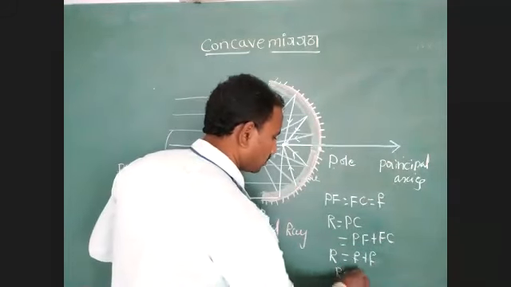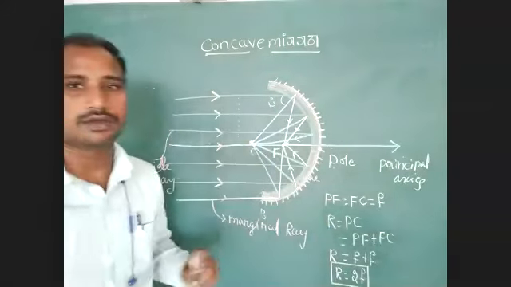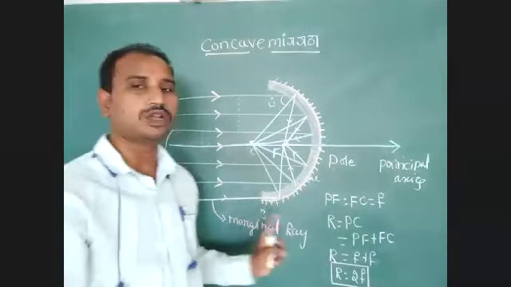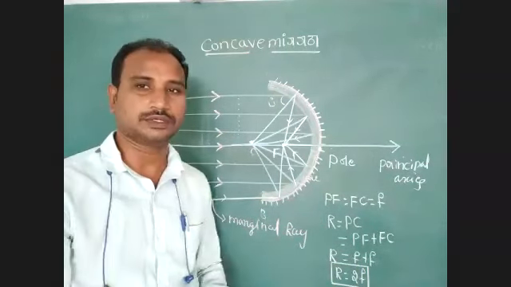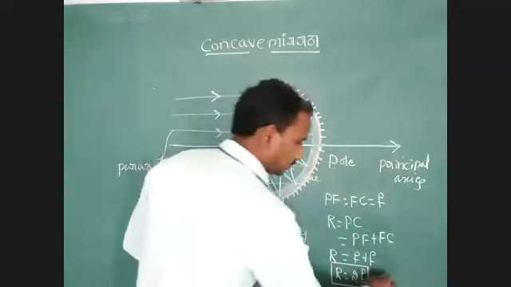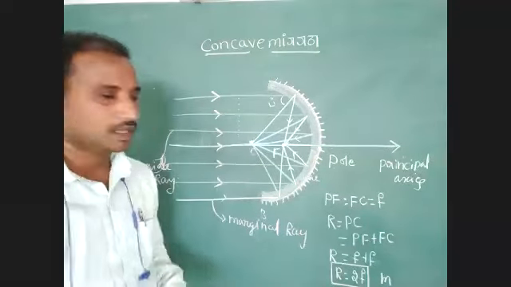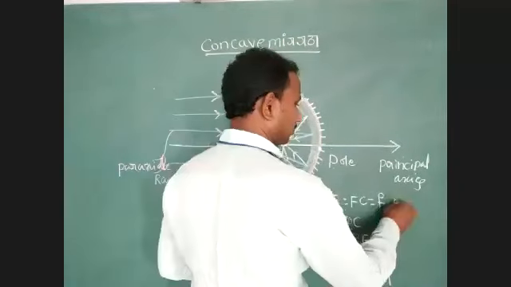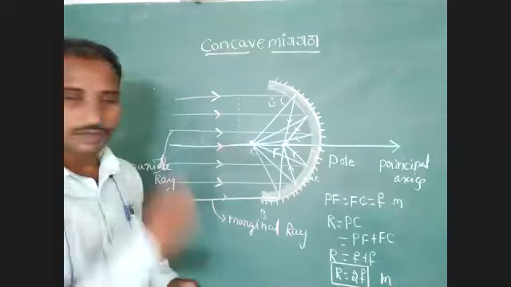R is equal to 2F. Identify this: radius of curvature equals 2 times the focal length. What is the unit of radius of curvature? Meter. Unit of focal length? Meter. Understood, students? Note down this information.